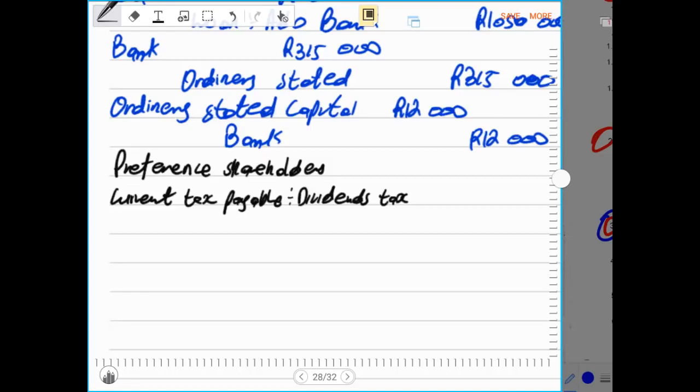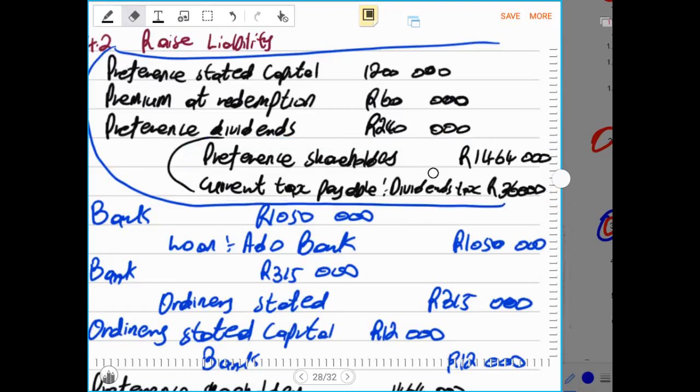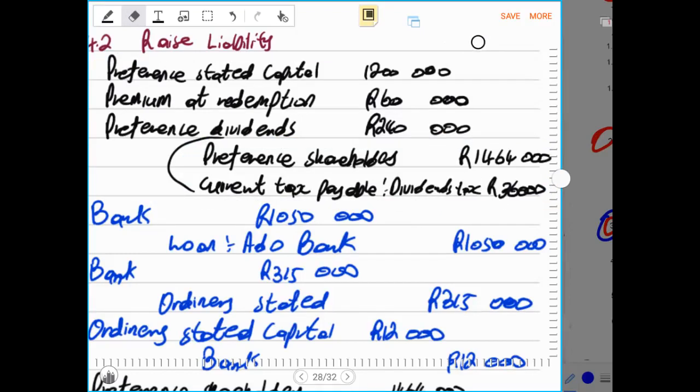Our current tax payable dividends tax is 36,000, and our preference shareholders is 1,464,000. That is the liability that we are paying. We are paying what we are liable to pay. You can never pay something that you're not liable to pay. First be liable before you pay. So in this case, we are paying only the two liabilities.